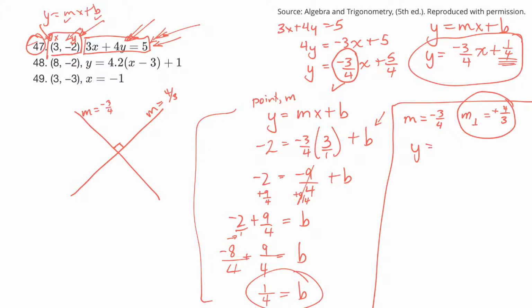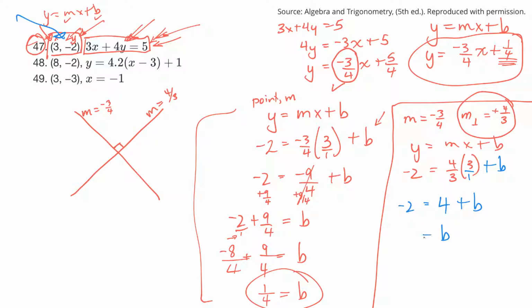So my equation is y equals mx plus b. I know the slope is 4/3. My x value again is 3, and my y value is -2. That's from this point up there, plus b, and then again solve for b. So it'll be -2 equals 4 times 3 is 12, divided through, oh, that's just a plain number, 4, plus b.